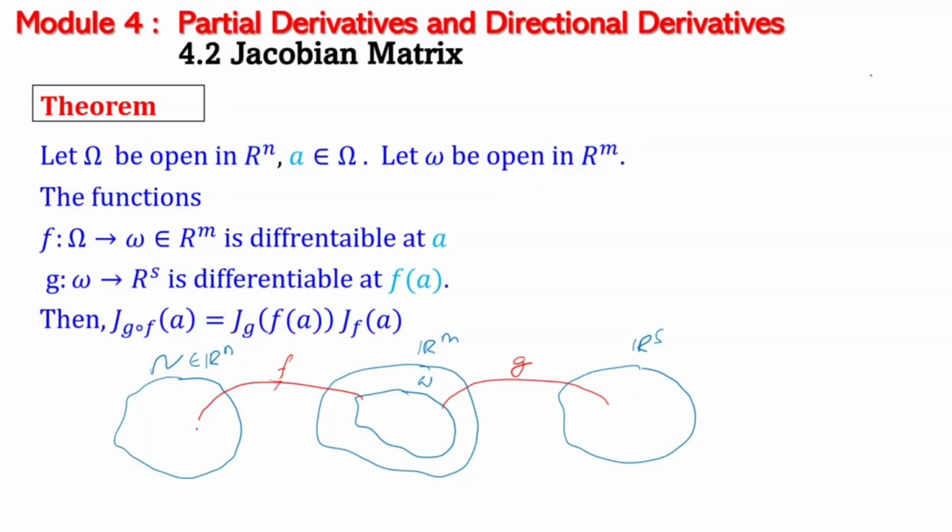If the point A is here, then there will be a point f(A). This function is going there by f, and from f(A) we have this, which is g. So this is g of f. Therefore the Jacobian for g will be defined at the point f(A).